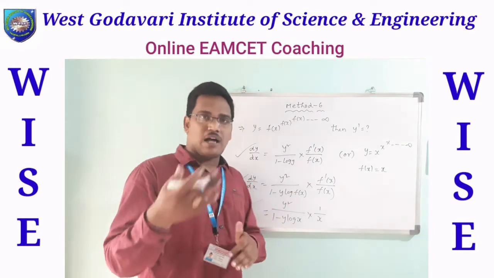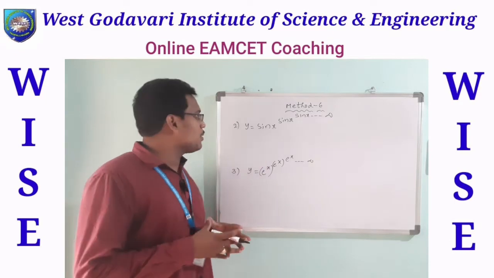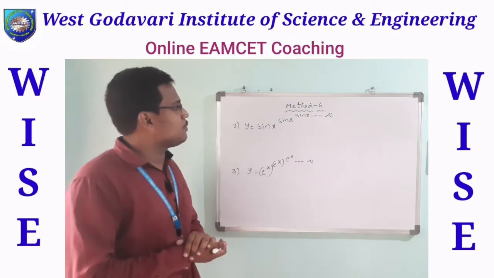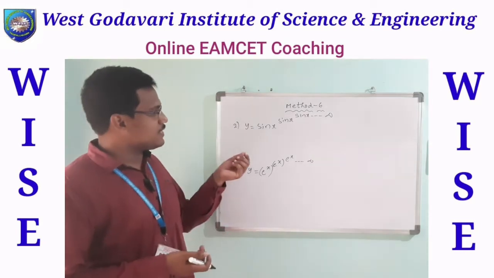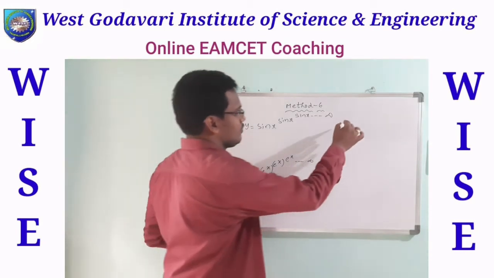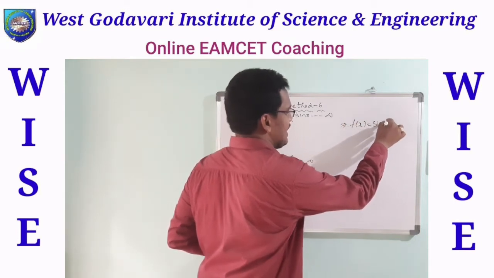Now see some other problems regarding this method. This is another problem, that is y is equal to sin x whole to the power of sin x whole to the power of sin x up to infinity. Here f of x is sin x. From this problem we identified f of x is sin x.